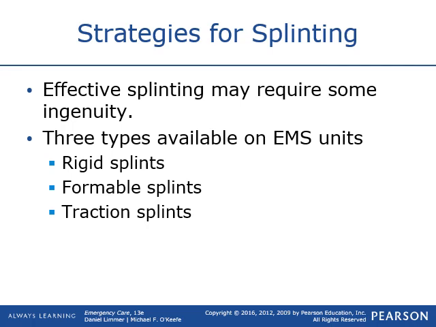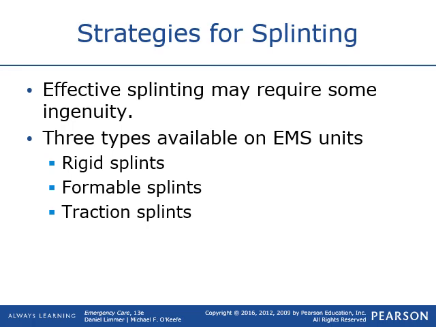So, effective splinting may require some ingenuity. I'm going to tell you, rarely is an injury splinted the same way as another one. You have certain tools that you have for splinting, and you make it up along the way. There's a good way of doing it, there's a bad way of doing it.